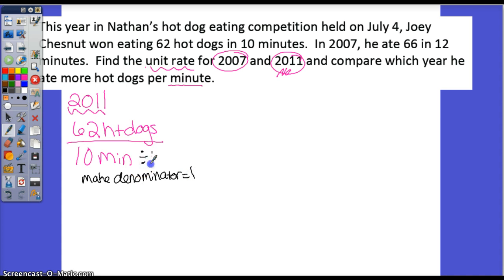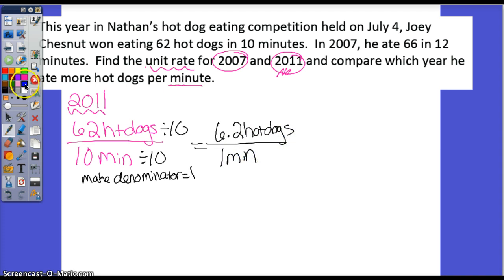So 10 divided by 10 will make it 1. Divide the top by 10. And I'm going to get 62 divided by 10 is 6.2 hot dogs per 1 minute. And this is true. Ooh, that's so gross.